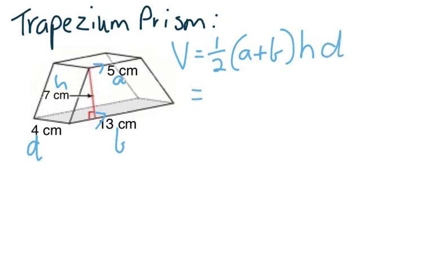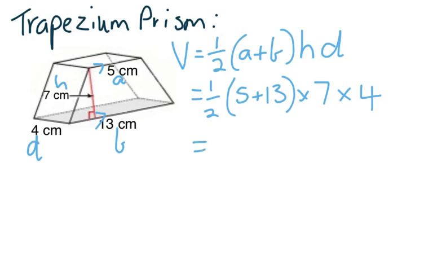So for this example, we would have half of 5 add 13 times 7 times 4, which gives us 252 centimetres cubed. Remember to put your units in, and remember it's cubic units for volume.